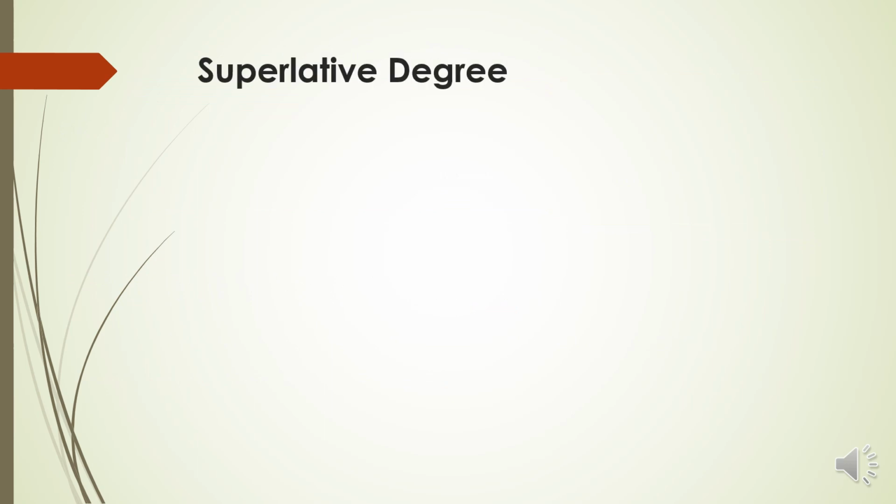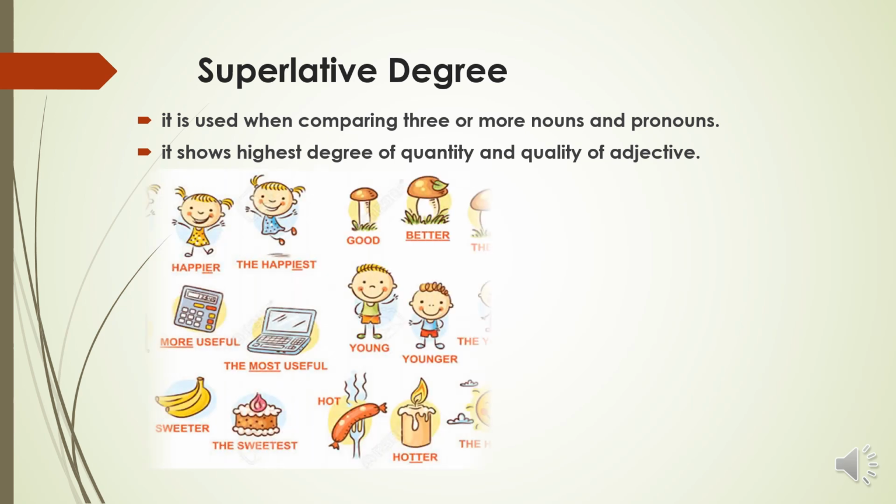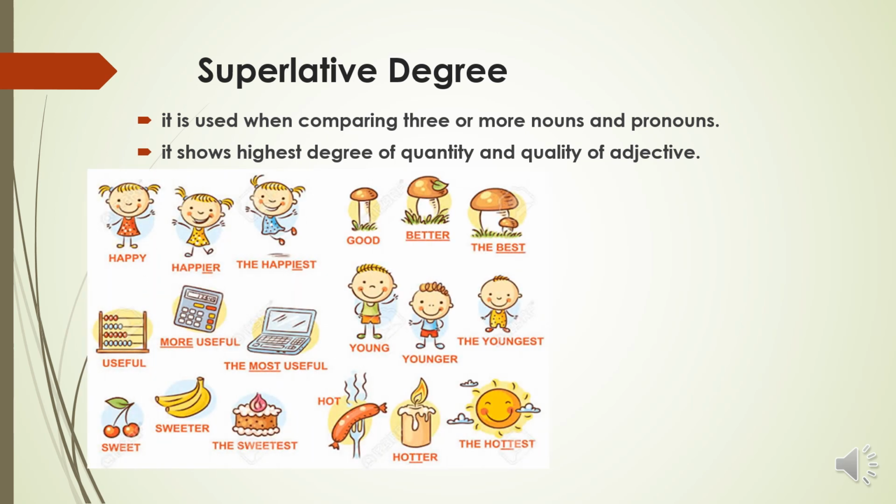For superlative degree, it is used when comparing 3 or more nouns and pronouns. It shows highest degree of quantity and quality of adjective. For example, adjective that ends with Y, we have to change Y into IEST.